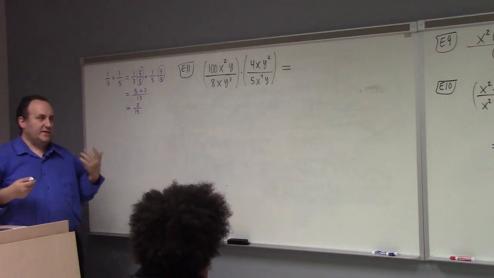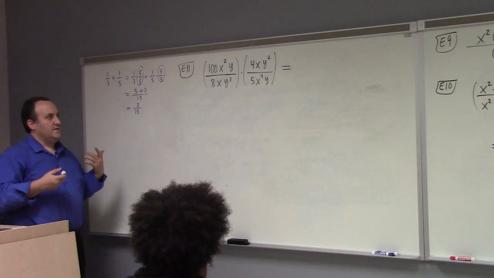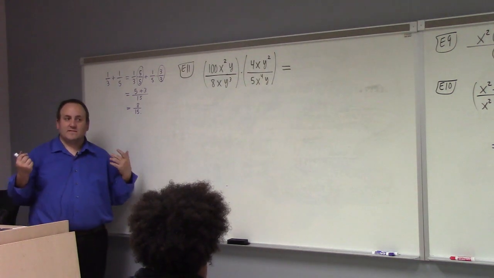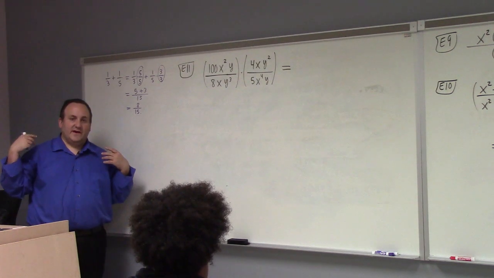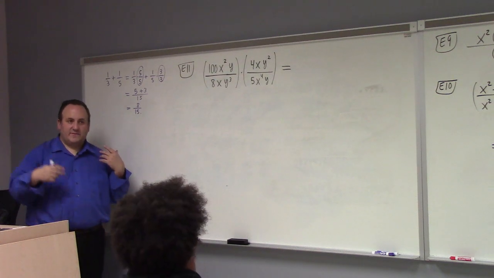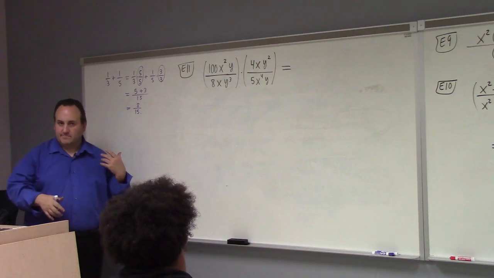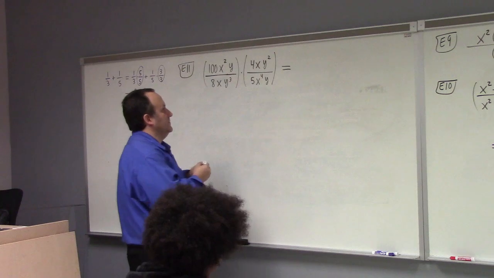There are different strategies for doing this. Here's one very boring strategy: simply multiply everything out on the top, and multiply everything out on the bottom. All right? I'll do it this way.